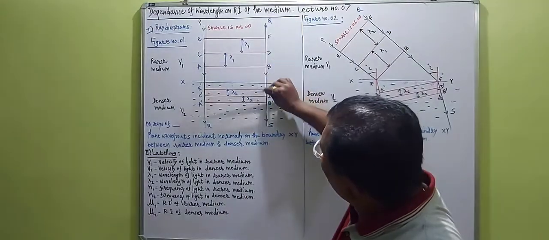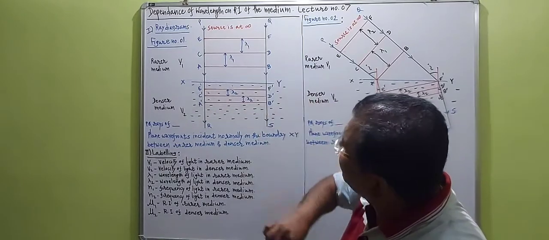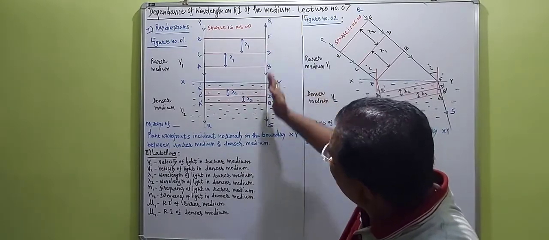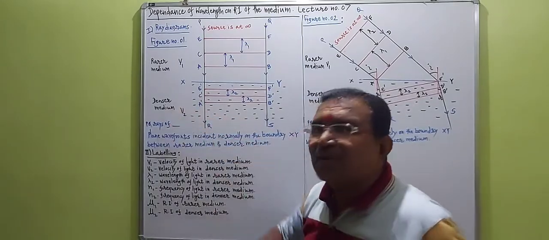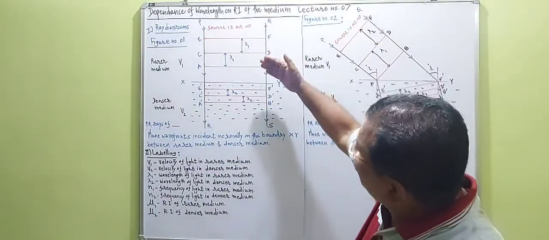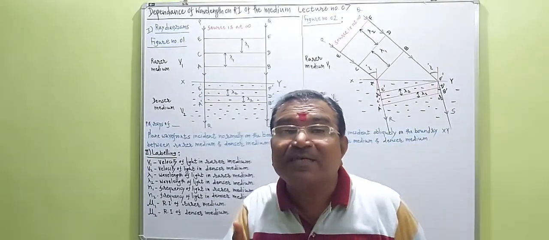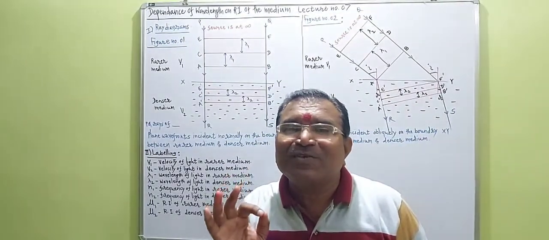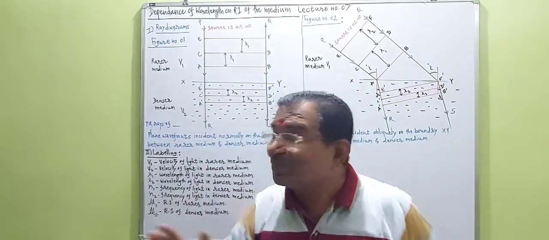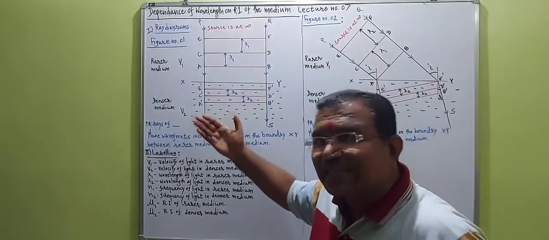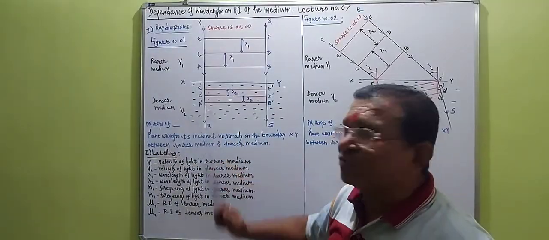Such a plane wavefront gradually incident on the boundary, and during refraction it moves into the denser medium. When it moves into the denser medium, the velocity of light goes on decreasing because the medium is denser. That velocity is v2.